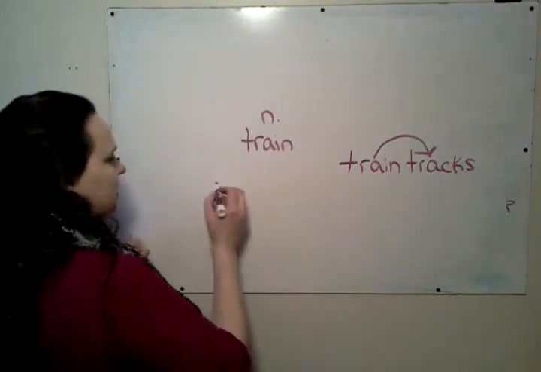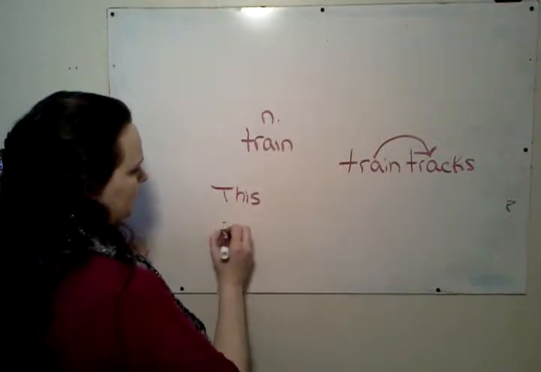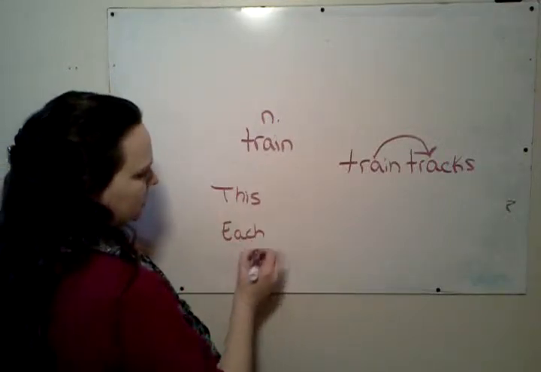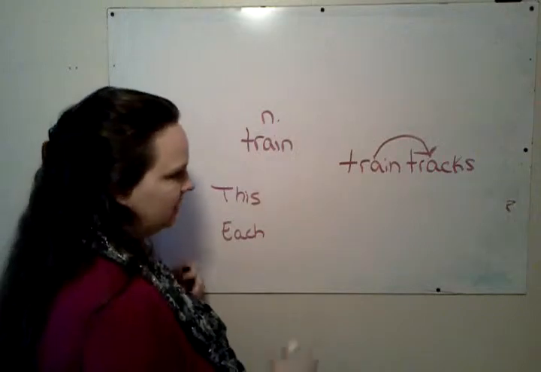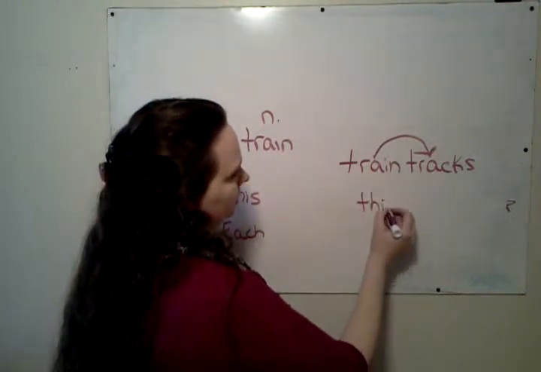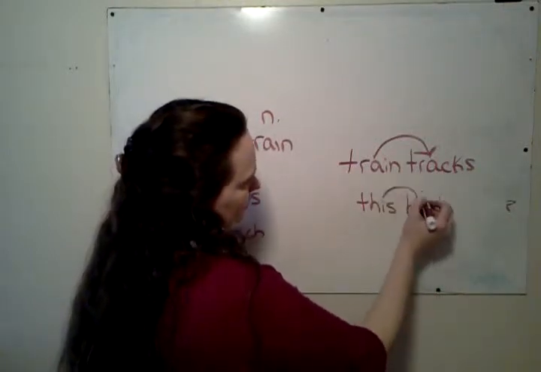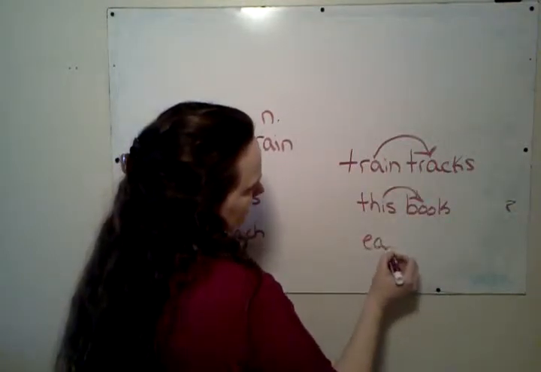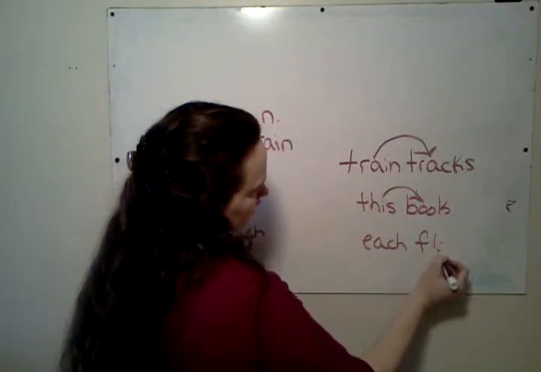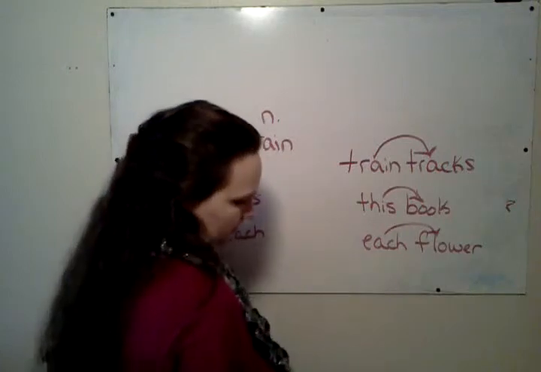Words like this and each are pronouns. This, each. But they can be adjectives. Here's the difference. If they have an object, they're adjectives. If I say this book, this is an adjective telling you which book. If I say each flower, each is an adjective telling you which flower.